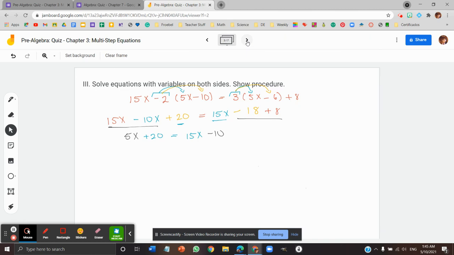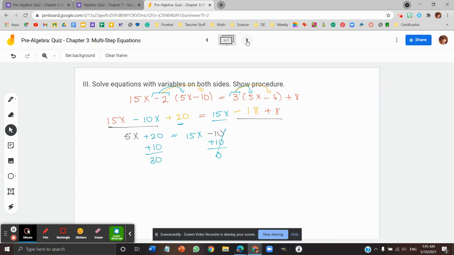The first thing I'm going to do is take that 10 and get it away from my 15 and maybe send it to the other side, like I like to say. So if I have negative 10, I would have to add 10 to make that a 0 and cancel it. But if I add 10 on one side, I have to add 10 on the other one. And 20 plus 10 is going to be 30.